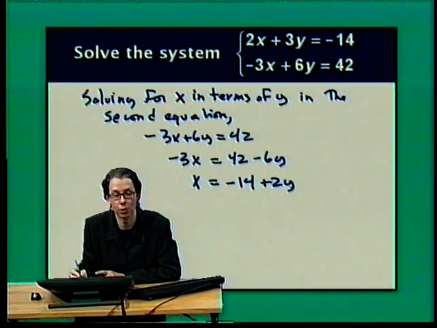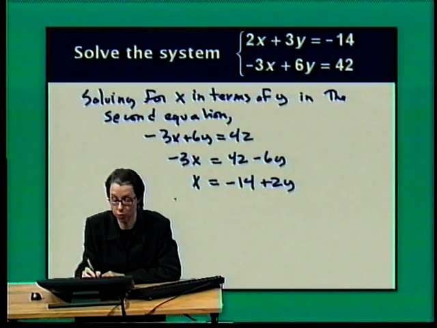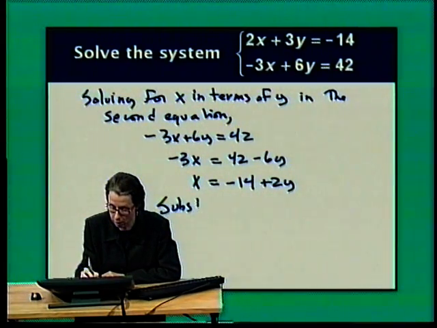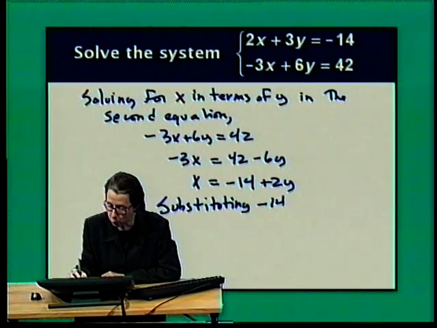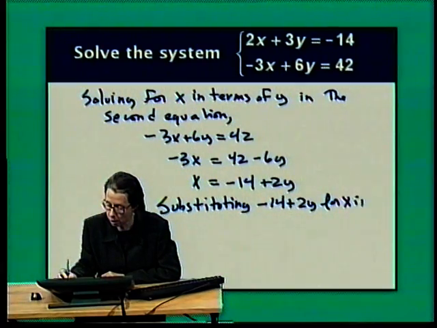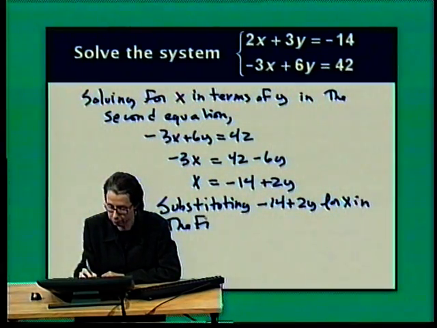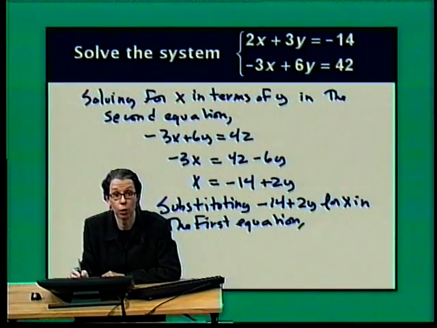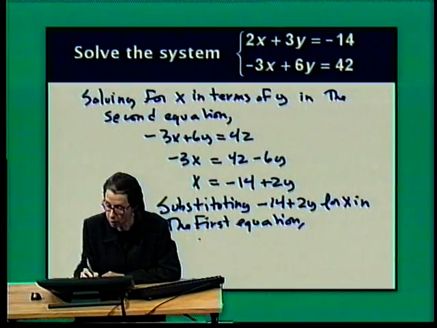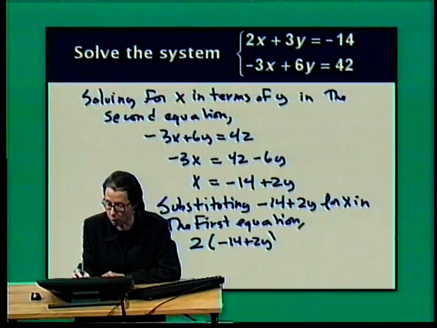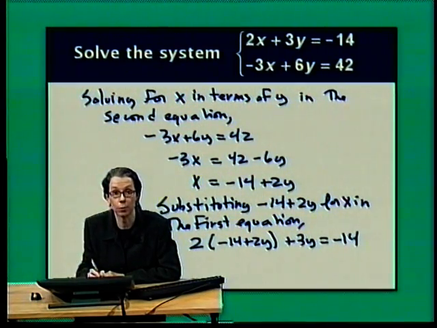Now I'm going to substitute this into the first equation. So substituting negative 14 plus 2y for x in the first equation, I'll end up with an equation in one variable which I can solve. So I have 2 times negative 14 plus 2y, plus 3y equals negative 14.